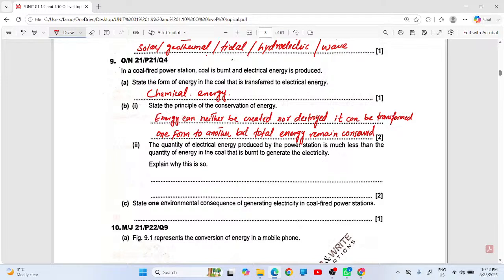Next: the quantity of electrical energy produced by the power station is much less than the quantity of energy in the coal that is burned to generate the electricity.